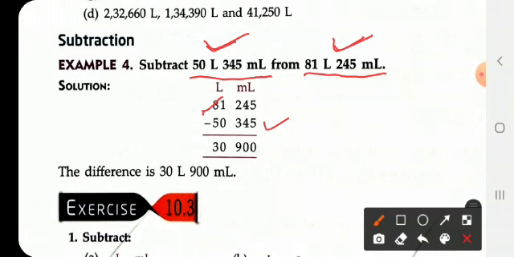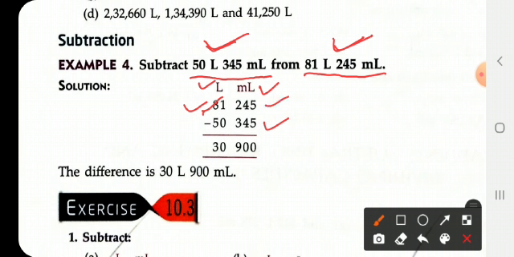So 81 liters, and now before writing these digits we will give the two proper headings, that is liters and milliliters. Put the digits of liters under the liters head and the digits in milliliters under the milliliters head.